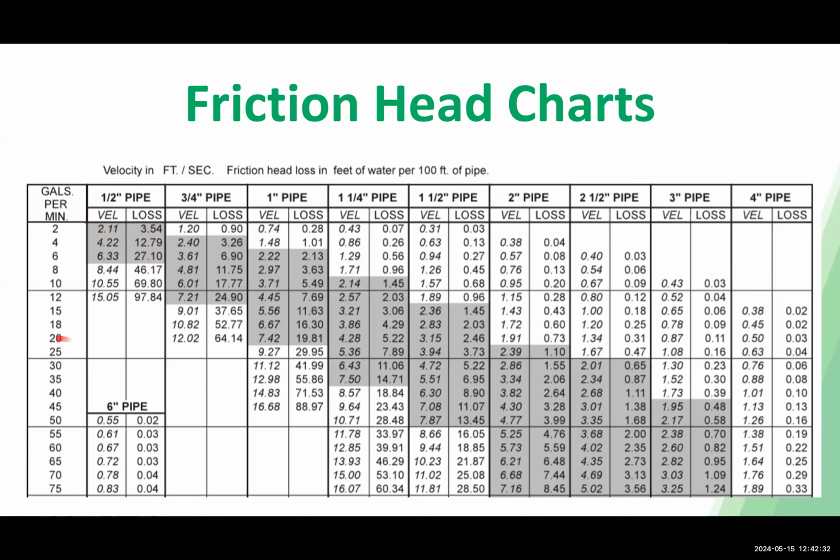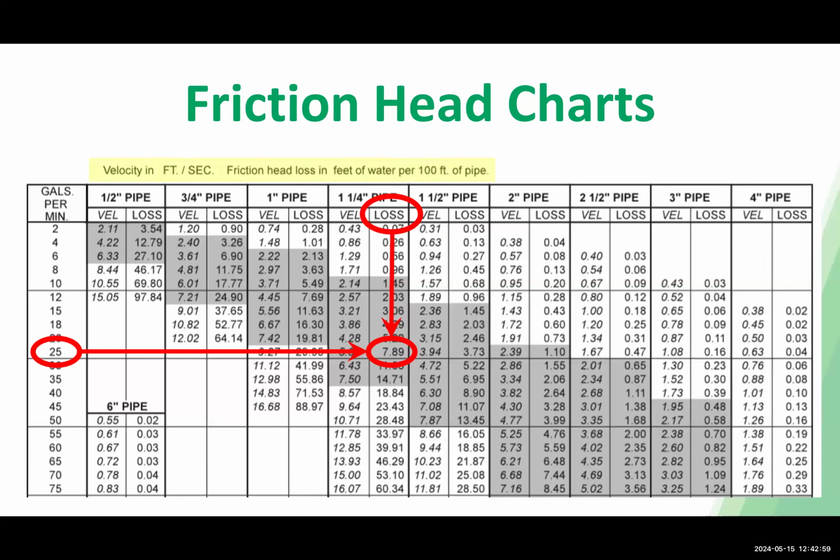continuing on. Just as a quick example on how to read one of these charts, let's say your design point is 25 gallons per minute and you're in the 1.25 inch pipe like we've gone over earlier. You just meet in the middle between the row and column, and you'll find that you have a 7.89 friction head loss in feet of water per 100 feet of pipe.